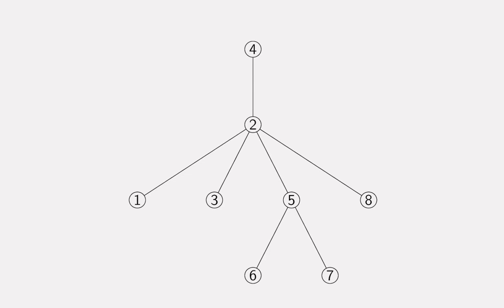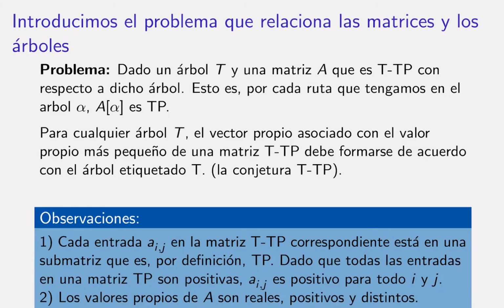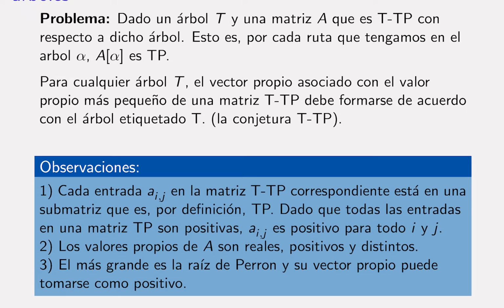So for every path you have, you have a set of paths. So every possible element of the way alpha, beta, where alpha and beta is a path of the matrix, is TP. So if that happens, then if we consider the minimum eigenvalue of this matrix A, in general we don't know if it's going to be positive or negative, but it's going to be unique, single, then this eigenvalue has one eigenvector related, right?